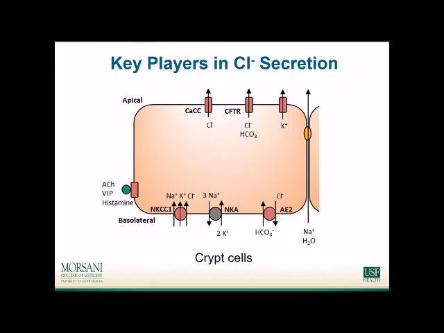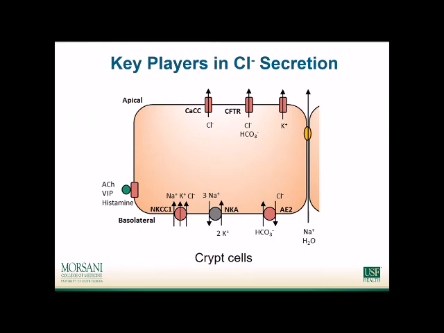Of course, we have the sodium-potassium pump, which is important for maintaining these gradients. And because we know that CFTR has the capability to also secrete bicarbonate, there has to be a way for bicarbonate to get into the cell, so there has to be some sort of anion exchanger present on the basolateral side as well. But the sum would be that you have chloride secretion, and then there is a drive for sodium and water to move through paracellularly into the lumen.